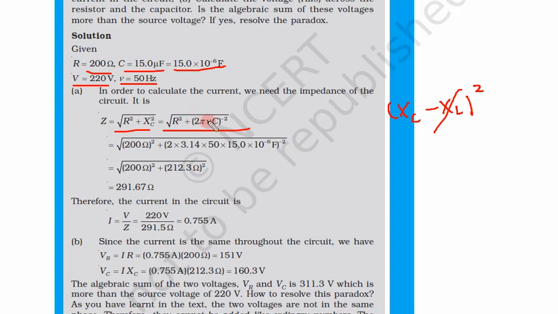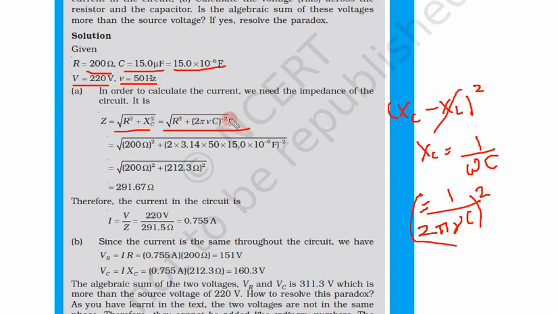This XC is equal to 1 by omega C, and this is equal to 1 by 2 pi nu C, and we have the square of this, and when this goes up the power becomes minus 2. So let us put all the values.